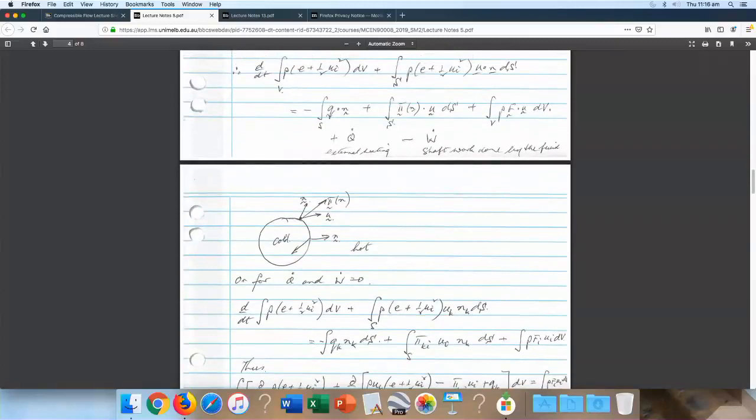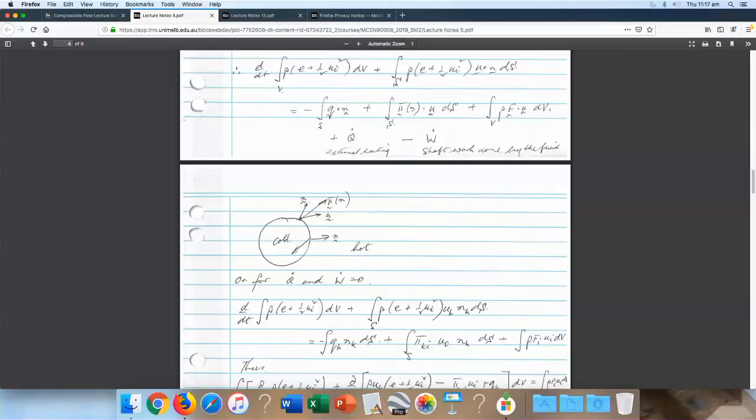So here was the general equation. I had the rate of change of energy in the volume, and what can change it is heating, or work done on the boundary, that I get from the first law of thermodynamics. So this is just a statement of the first law of thermodynamics, and I could be talking about external heating.